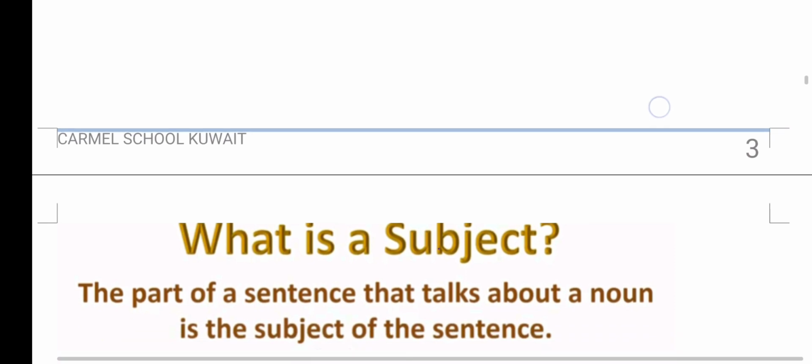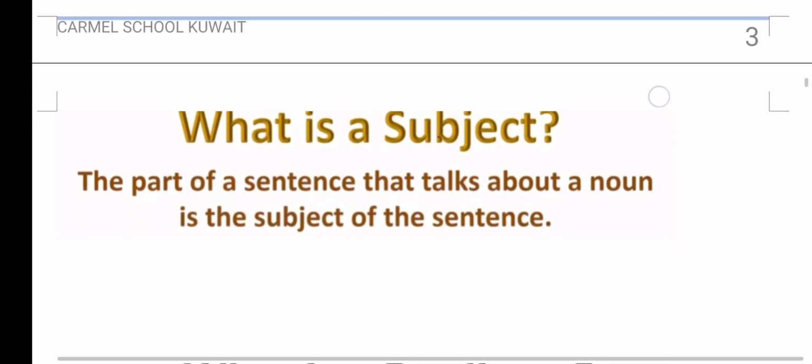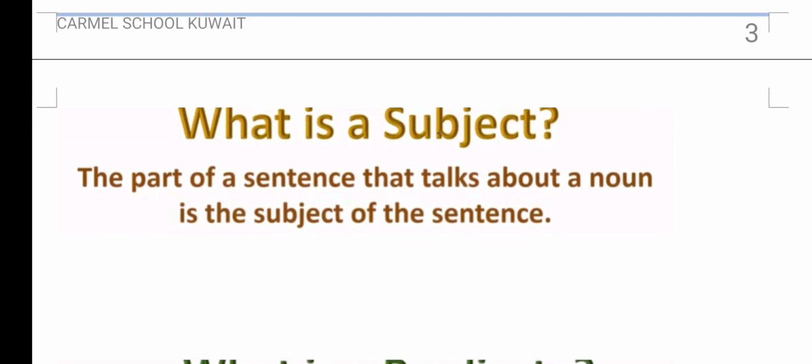Finally, what is a subject? The part of a sentence that talks about a noun is the subject of the sentence. That means the sentence has two parts. In that, one part which talks about a noun, the name of the person, name of a thing or animal or a place, is the subject of the sentence.